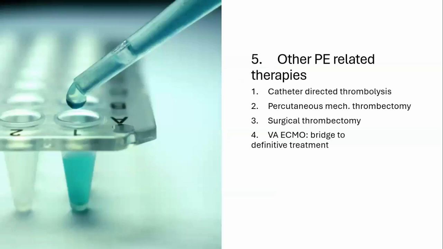Again, we can talk hours about this, but there are options like catheter-directed thrombolysis, chatting to cardiothoracics for mechanical thrombectomies or surgical thrombectomies. And then obviously if you work in a setting where it's available, you can do VA ECMO as a bridge to definitive treatment.